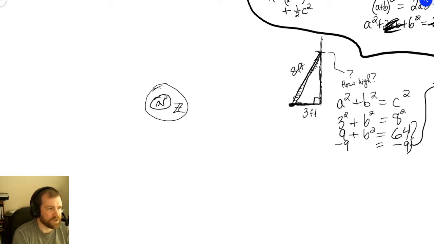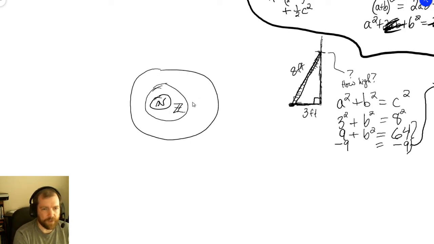Your natural numbers are closed under addition and multiplication, but then when you start saying, well, what's the inverse of all this stuff? Now you have to include all this. And then when you say, what's the inverse of multiplication? That's when you have to include the rationals. Then when you try to get the rationals, you're like, okay, well, what now?